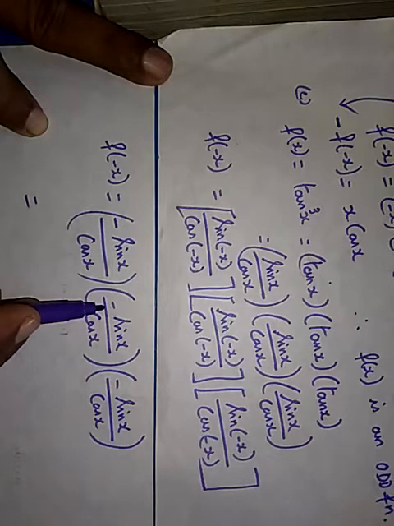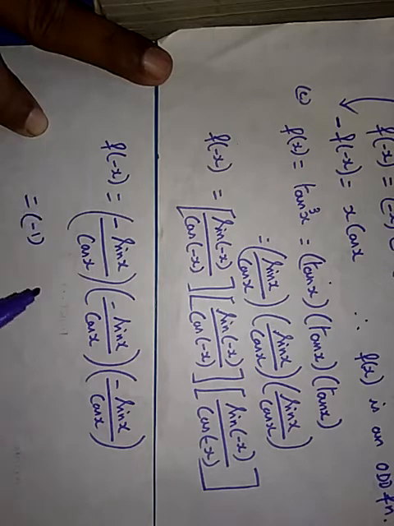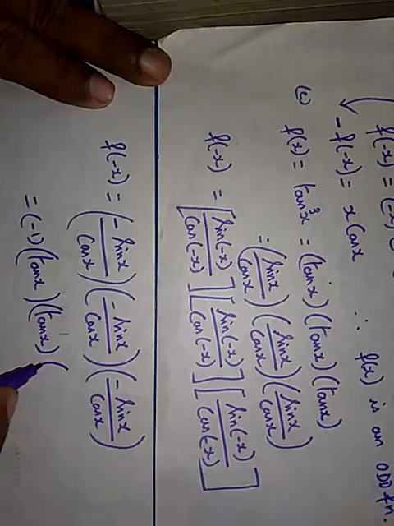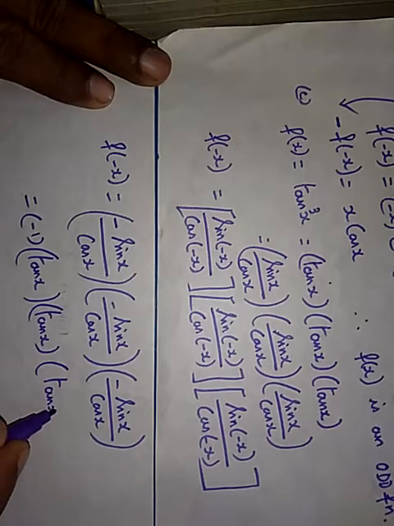Minus into minus plus, plus into minus minus, so minus 1 into sin x by cos x is tan x. Once again we have tan x and then tan x. So this will give you minus 1 into tan cube x, three terms.